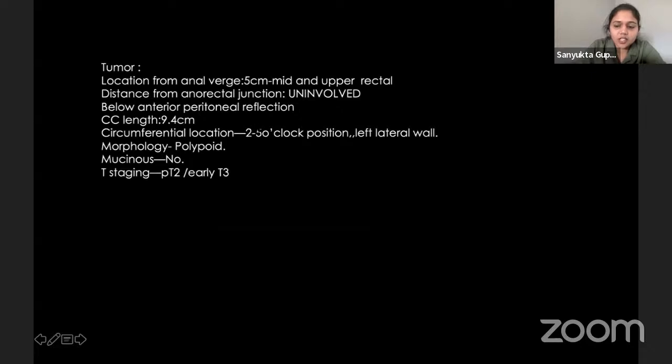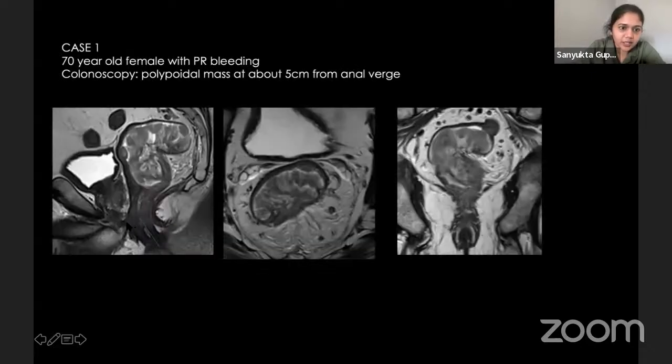Distance from the anorectal junction. So the anorectal junction here we can see. The anorectal junction is usually defined by 2 anatomical landmarks. One is the internal sphincter muscle, which usually goes thick around here, and the other good landmark, I would say, is the upper limit of the puborectalis muscle.